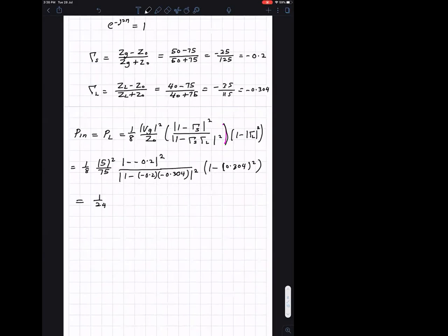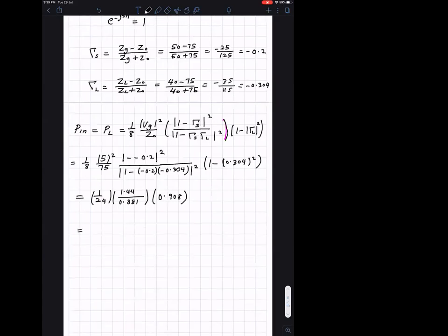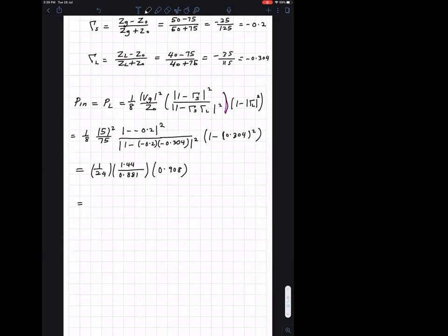One over 24. If you guys see any mistakes, please let me know. Okay, 0.881, 1 minus, so this is 0.908. If you have a good calculator, you can calculate them out pretty quickly.